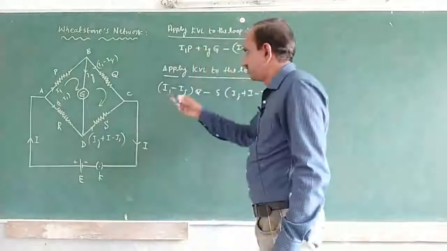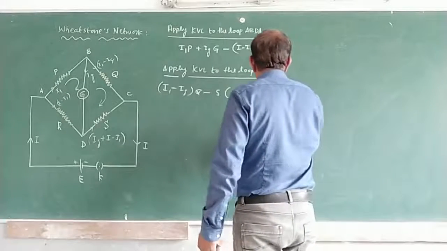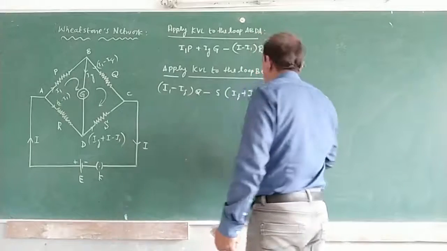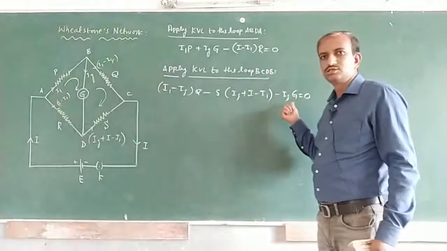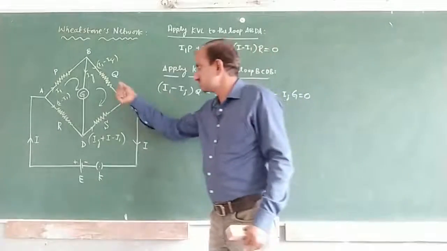Move from D to B, again it is minus IG into G, equal to 0. Again this is 0 since there are no EMFs in this loop.